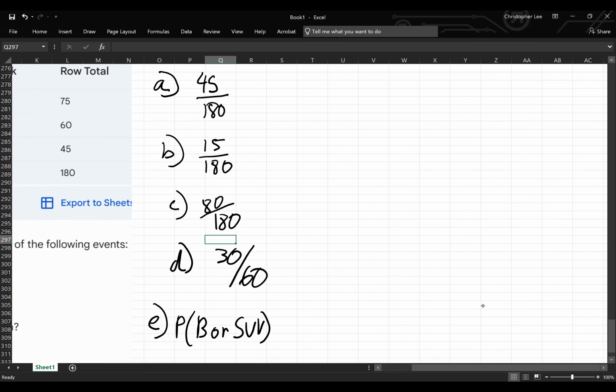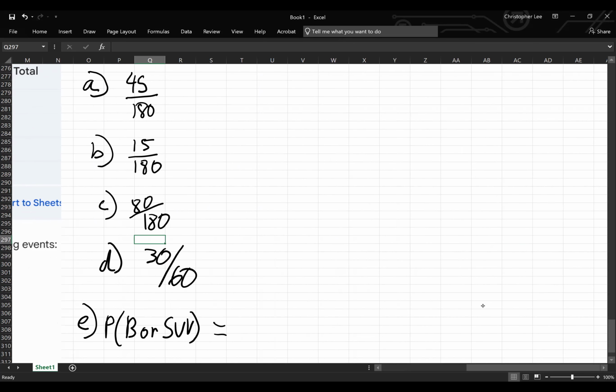What's the formula for or? Addition. P of A plus P of B minus P of A and B. This would be the probability of black plus the probability of SUV minus the probability of black and SUV, right?